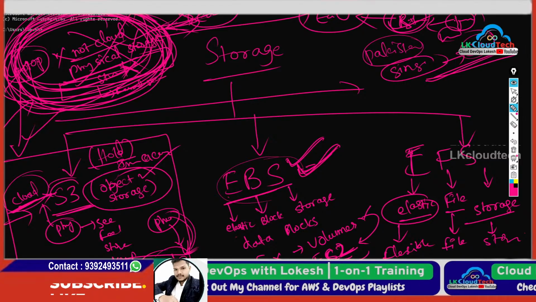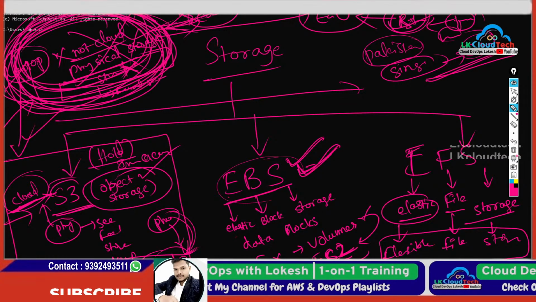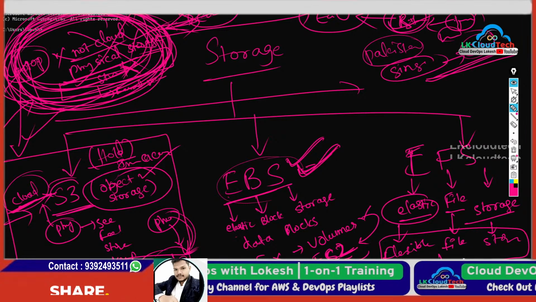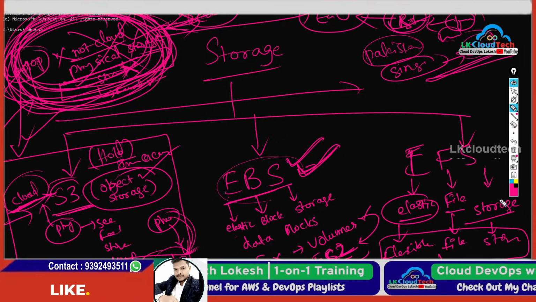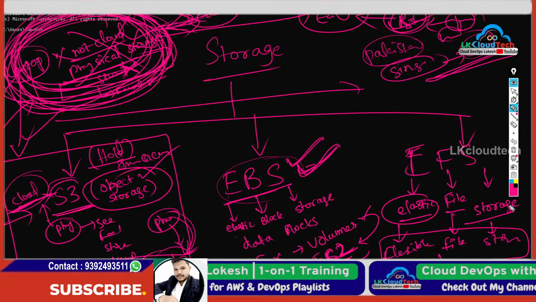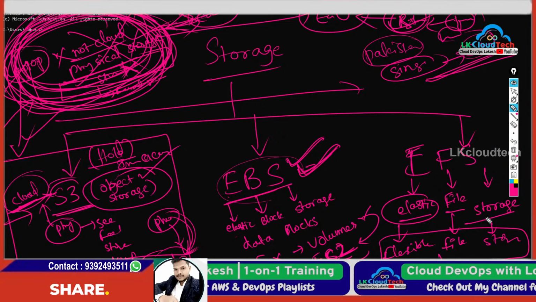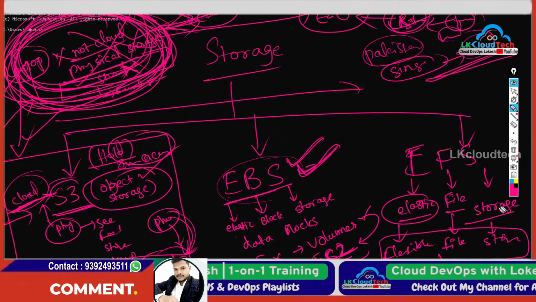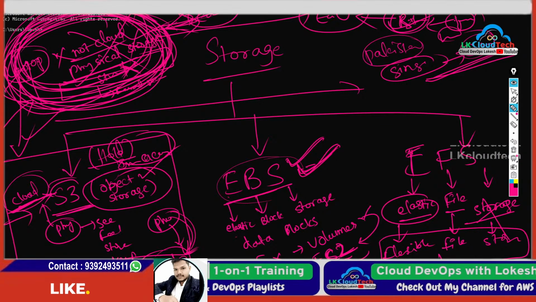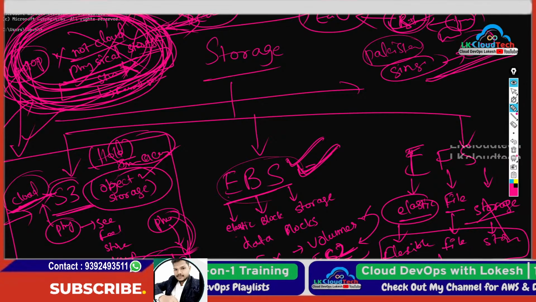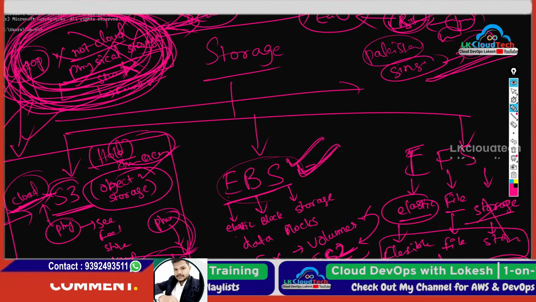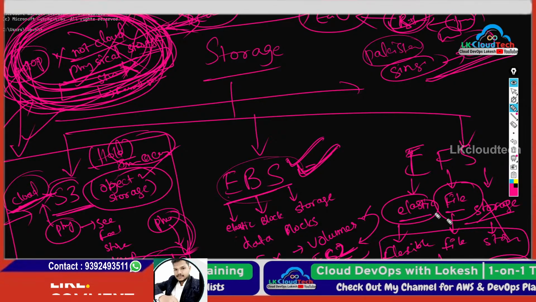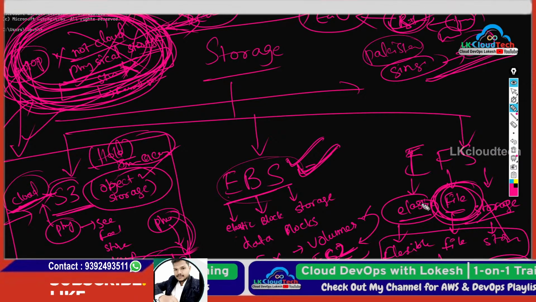EFS, flexible file storage. Whenever you want to keep your data, you can keep it. Whenever you want to remove it, you can remove it. It is flexible. Some people also call it elastic file system. You are maintaining the file storage.